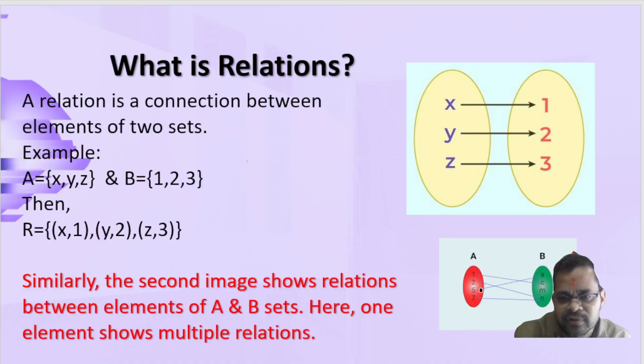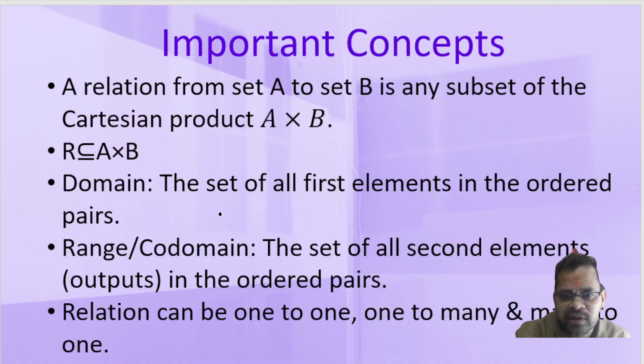That is also one of the important differences between relations and functions. In a relation, the relationship can be 1 to many or many to 1, but in a function it is always 1 to 1. So let's go ahead and understand some of the important concepts.